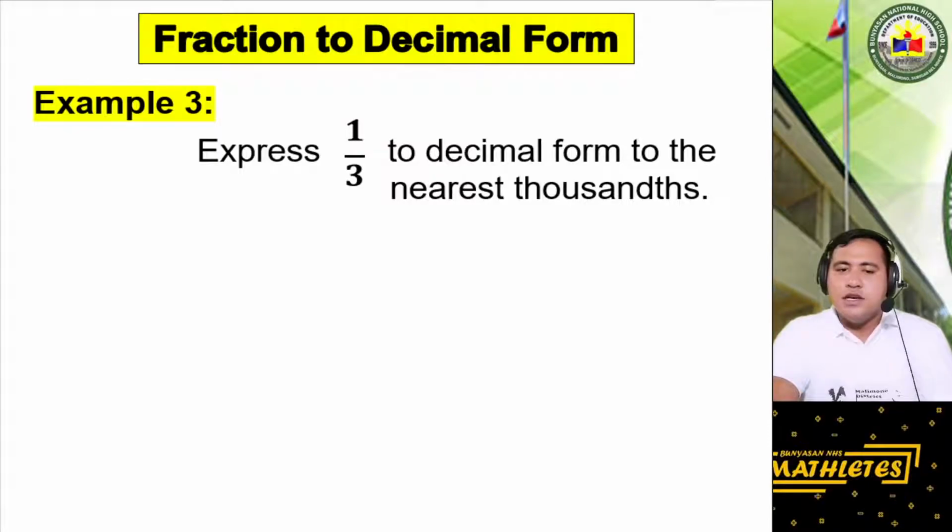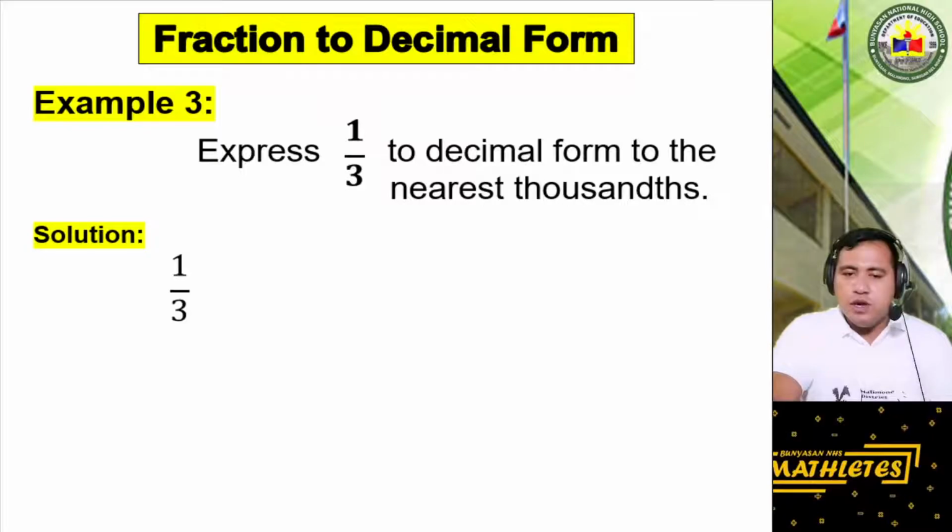Example number 3 is express 1/3 to decimal form to the nearest thousandths. 1/3. So 3, dili siya pwede mahimong 10, 100, o 1,000. Ang atong buhaton, mangita tag number nga mahimo siyang duol sa 10, 100, 1,000.